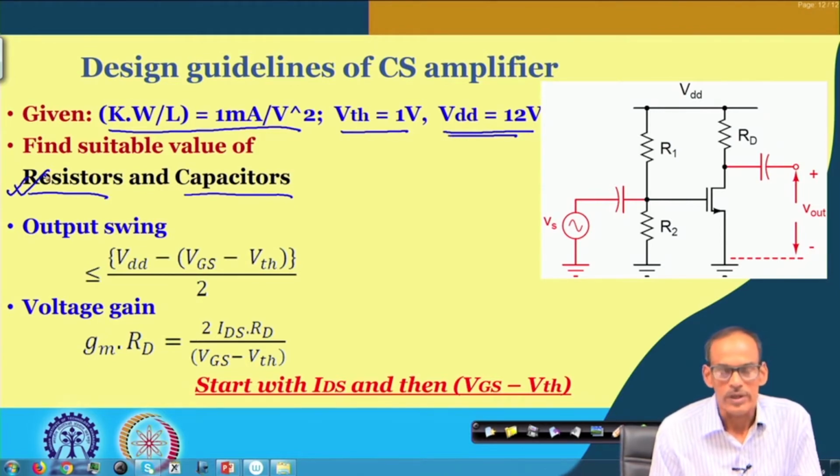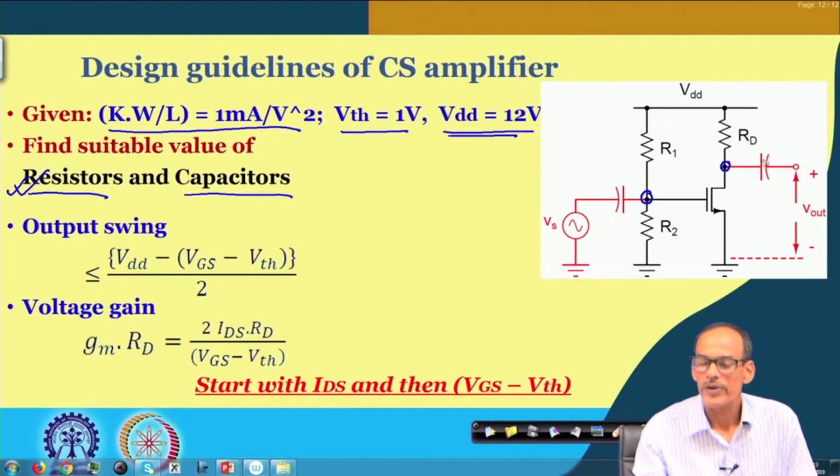Now, how do we start? First of all, we will keep the circuit in the appropriate region of operation, namely the transistor should be in the saturation region, and also the DC voltage at the drain should be such that whenever we have signal, along with the DC, the transistor remains in the saturation region even if the signal has good swing.